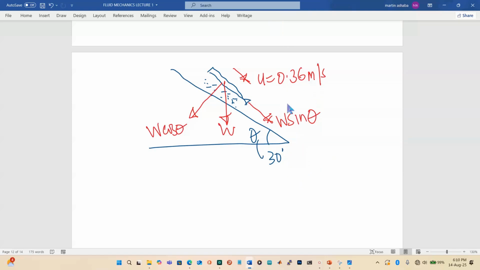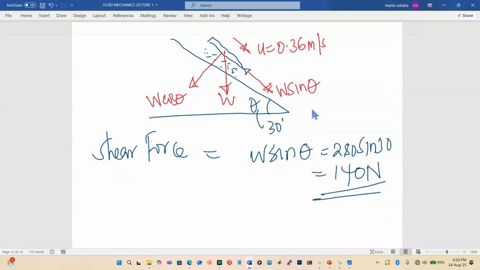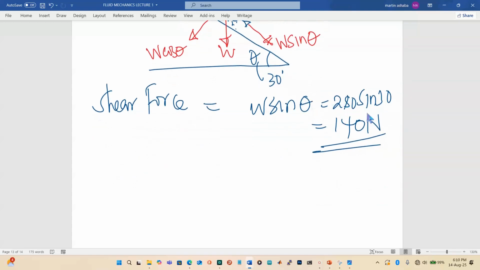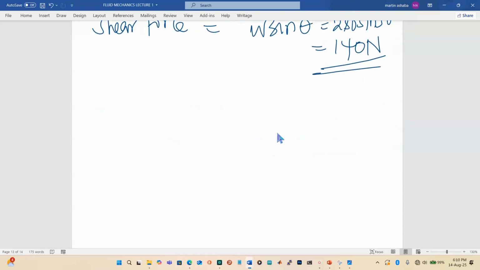So that makes the whole thing simple now. To get the shear force, it would be W sin theta, which becomes 280 sin 30. That brings the whole thing to 140 newtons, because sin 30 is 0.5 times 280. Shear force is that.